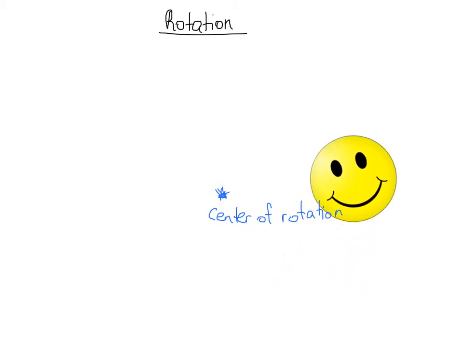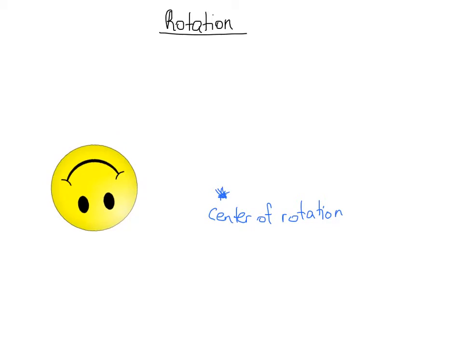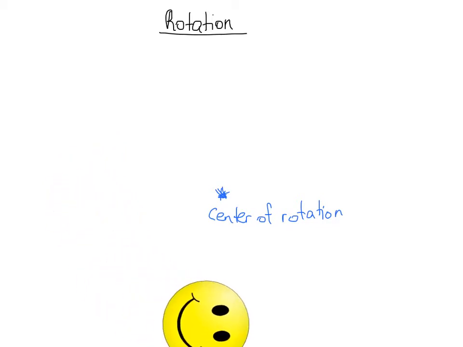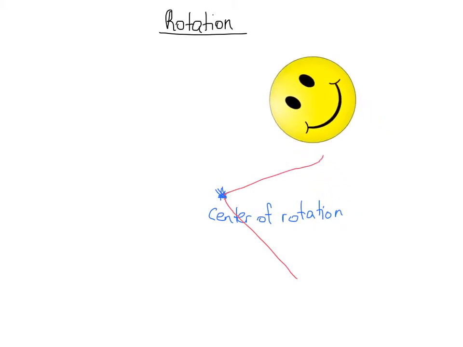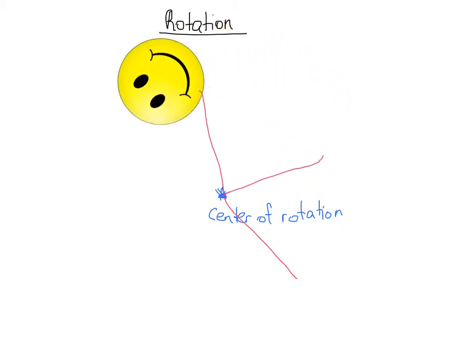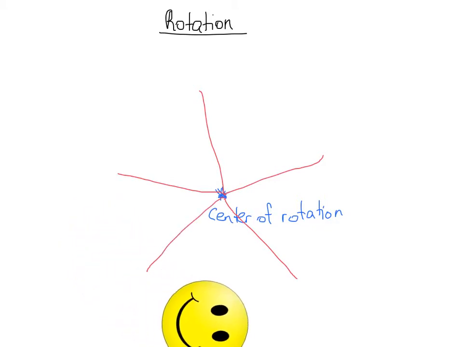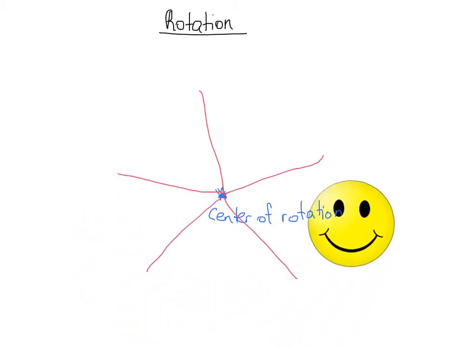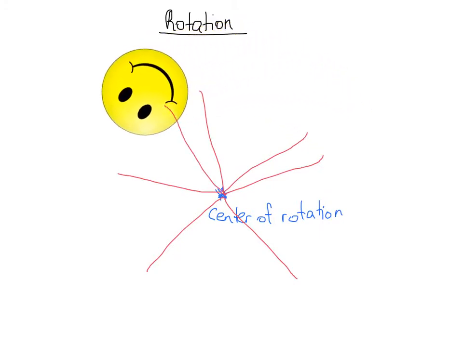If I choose any point on this face, I pick the left eye, for example, and at any given time draw a line to the left eye and keep doing that, it's kind of hard because he's moving a little fast. But the distance of the lines that I'm drawing that are going to the left eye of this smiley face is constantly the same distance.